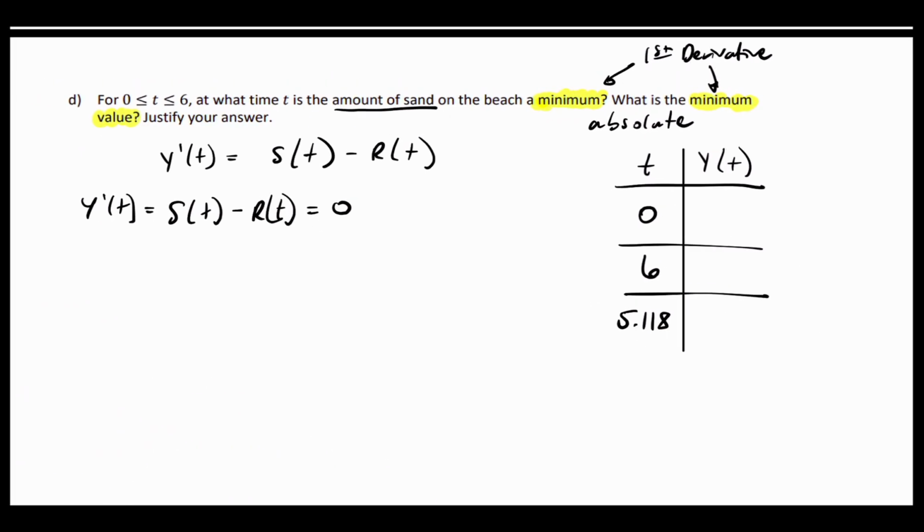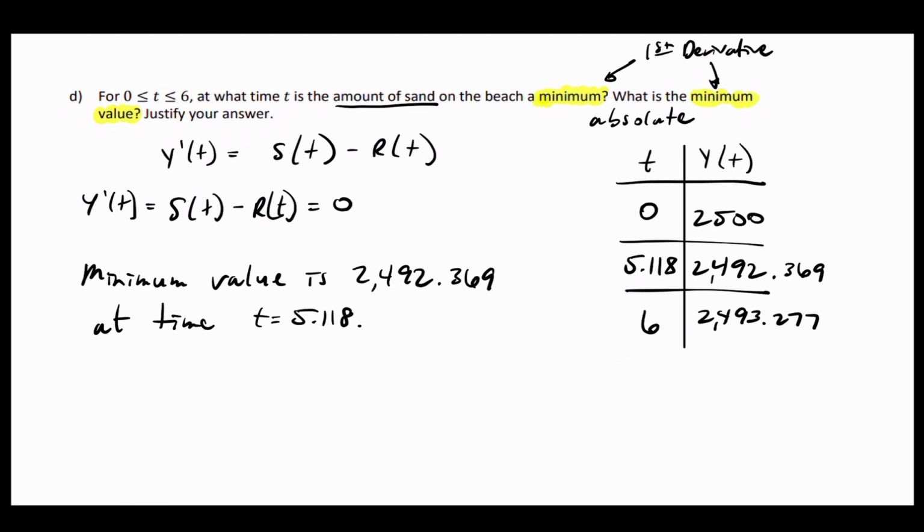Use the calculator to plug it into the original and tell me what you get. When you plug in 0 to the original, you're just going to get 2,500, the initial 2,500.